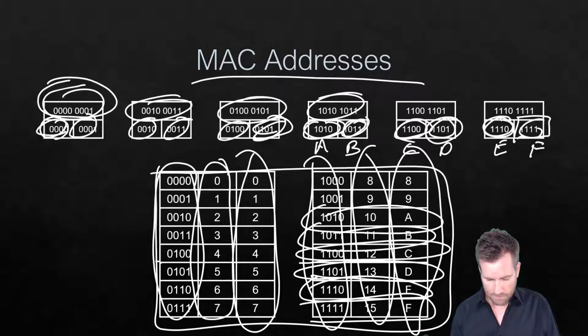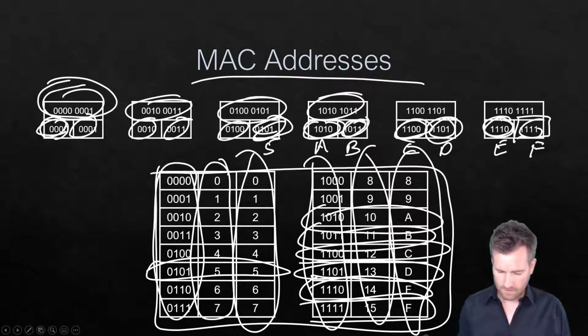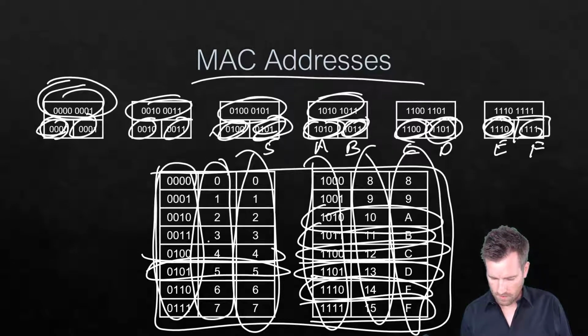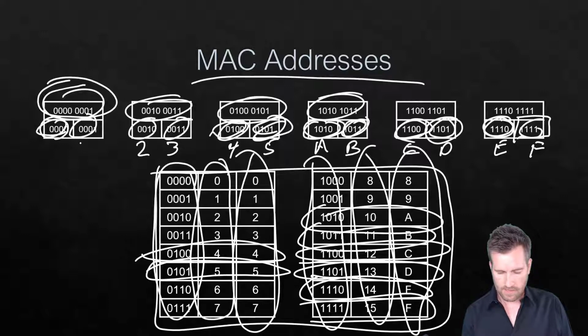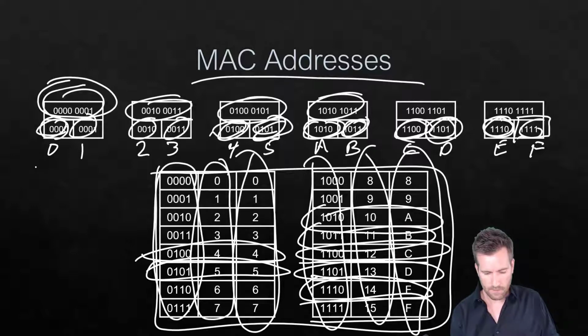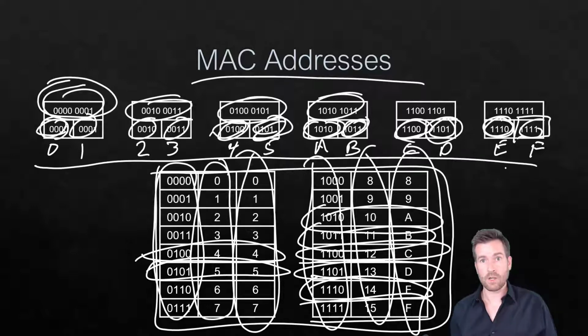So I looked that up. Oh, broke my pattern here. That's a 5. I've got 0100. That's a 4. And so you can see I'll finish this off. And there we go. So now I've got my hexadecimal numbers down here on my last row.